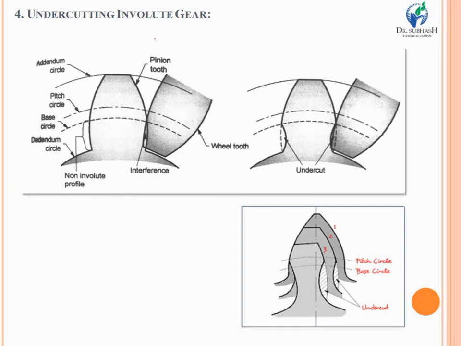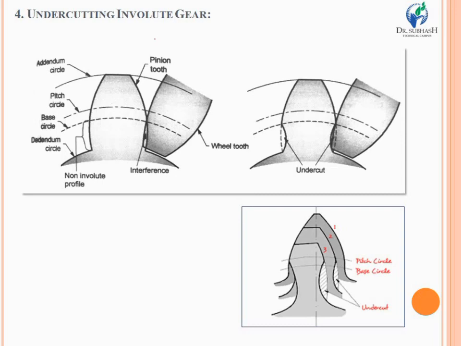The profile of the tooth below the base circle is non-involute, and the profiles of the wheel and the pinion will not be tangent to each other. The tip of the wheel will dig out, or interfere with the flank of the pinion, and remove material from the bottom or root side of the tooth surface. Generally this is known as undercut.